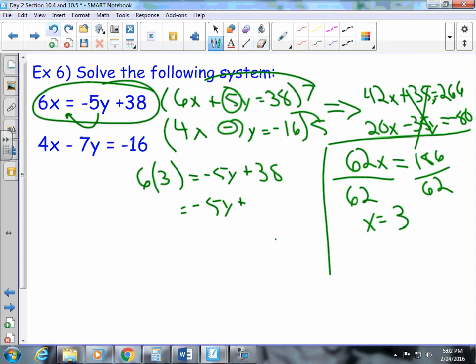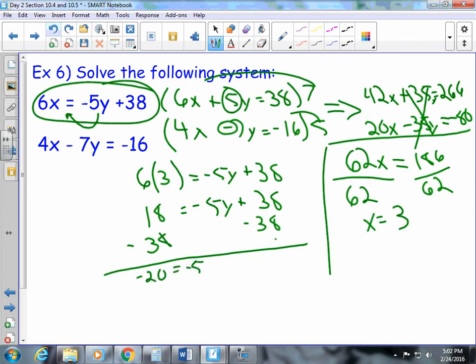That's a better move. I do get 18, I do get 38, but I'm going to subtract 38 instead. Hopefully you guys are thinking, what is Mr. Vesbach doing? He's taught us to do the opposite of that. All right, so what we end up with is negative 20 is equal to negative 5y. Divide both sides by negative 5, and y is equal to 4. So our answer to the system is 3, 4.